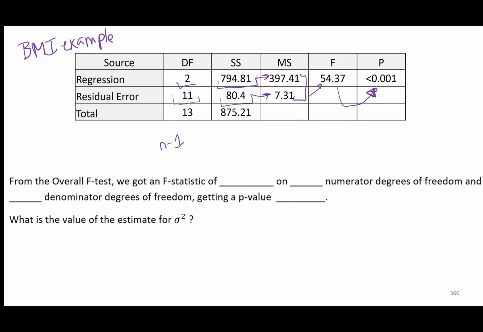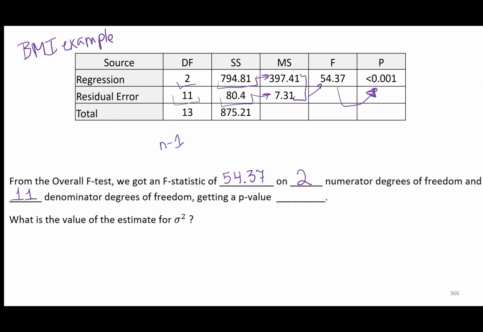So overall, we have an F statistic of 54.37, which is definitely a lot more than 1. And note that whenever we have an F statistic, we always say the numerator degrees of freedom first. So on 2 numerator degrees of freedom and 11 denominator degrees of freedom.